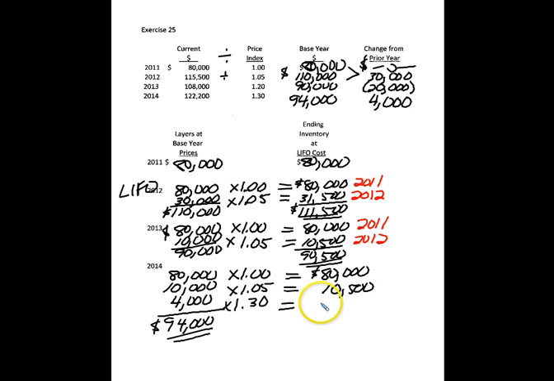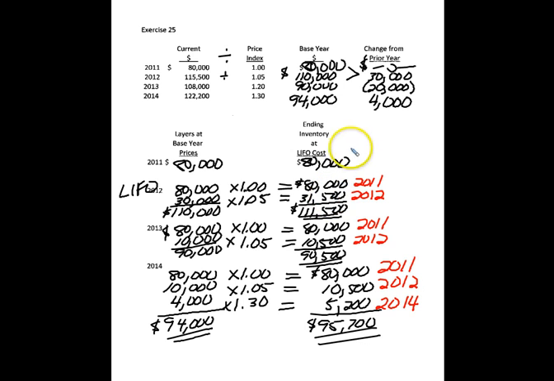And then 4,000 times 1.3 is 5,200. And that'll total 95,700. So we have our 3 layers from 2011, 2012. We don't have a layer from 2013, and we jump to 2014.